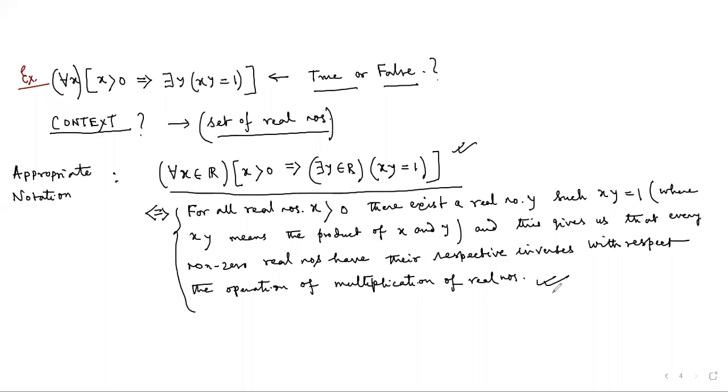Now, these mathematical notations like the existential quantifier or the universal quantifier, when they are actually used, reduce our time of dealing with the understanding of the mathematical knowledge that we are working on.